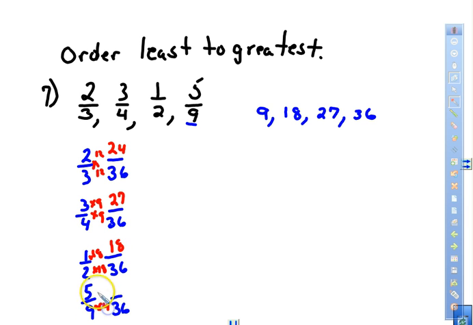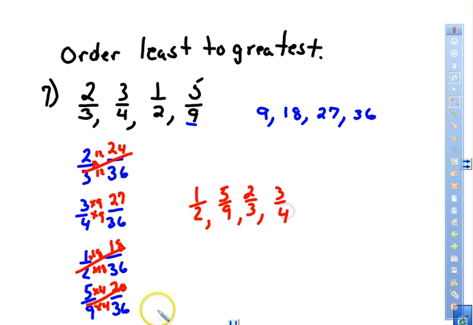And 9 times 4 gives me 36, so 5 times 4 is 20. So now I can relate back up here to see which order they should be in, and 1/2 would be my smallest, and then 5/9, and then 2/3, and the last one is 3/4.